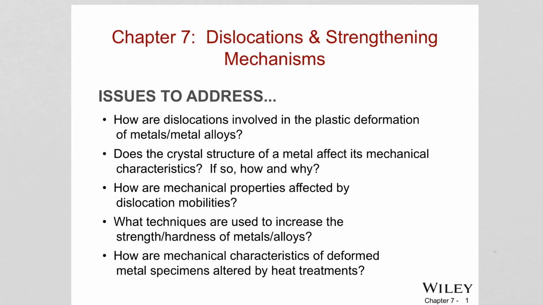Alright guys, so in chapter 7 we're gonna learn more about dislocations and strengthening mechanisms. I told you before how important dislocations are when we were looking at the defects in metallic structures.